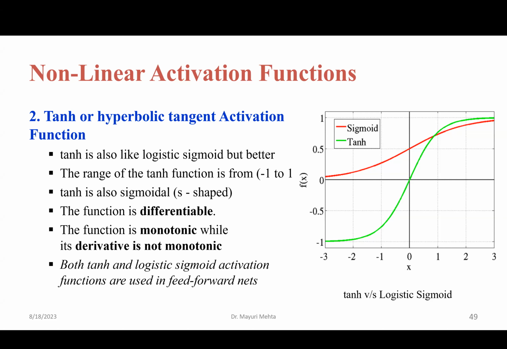And the function is differentiable and the function is monotonic also, while its derivative is not monotonic. While in the previous case, the derivative is monotonic. This tanh function is mainly used for classification between two classes, that is binary classification problems.